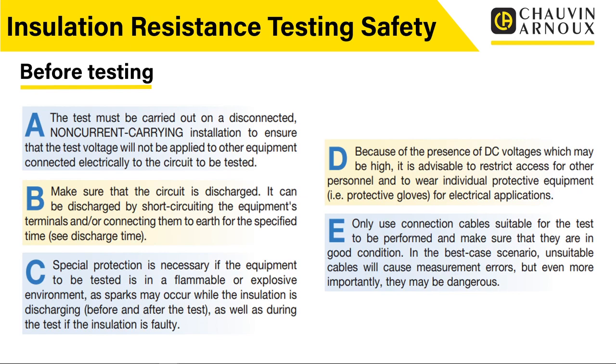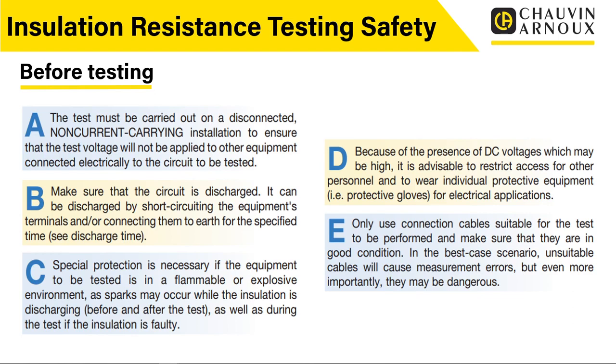It also mentions there about restricting access to other personnel. We talked about the fact that your insulation resistance test can actually travel down the cables, through pipe work, through structural steel work and all these sort of things. So it is important to think about the impact of the test you're carrying out, and is there anybody else within the installation who could be injured, and how can we keep them safe?